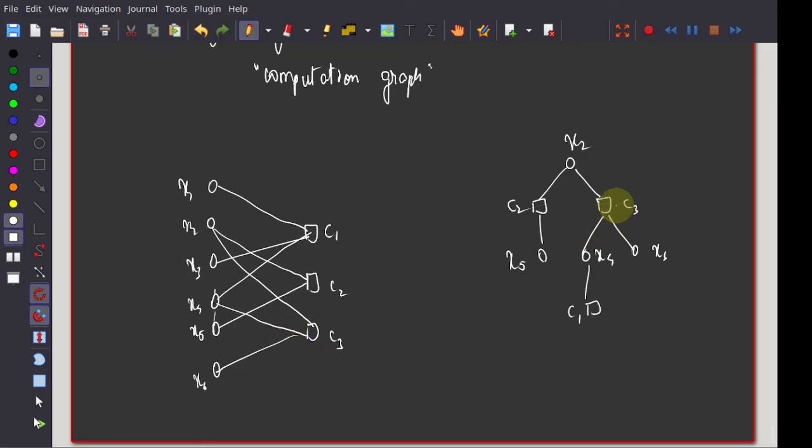Now what is C1 connected to? C1 to x4, so this depends on messages from x3 and x1. So this is L equal to 1, and this is if L equal to 2, if you run it for 2 iterations.